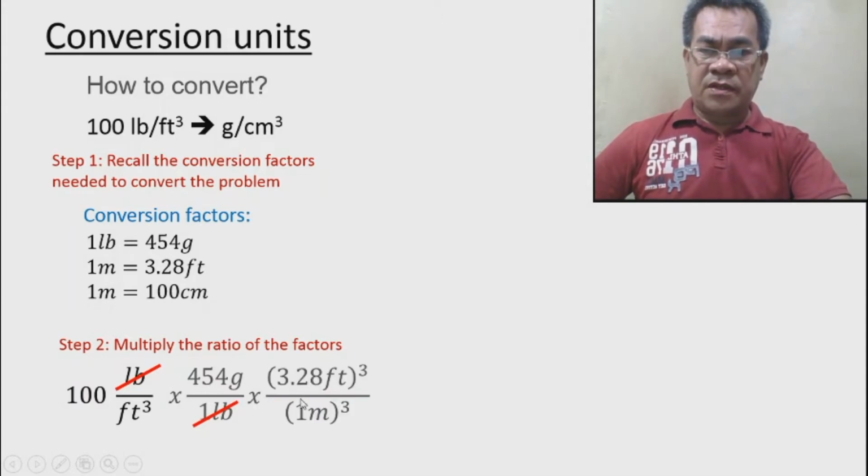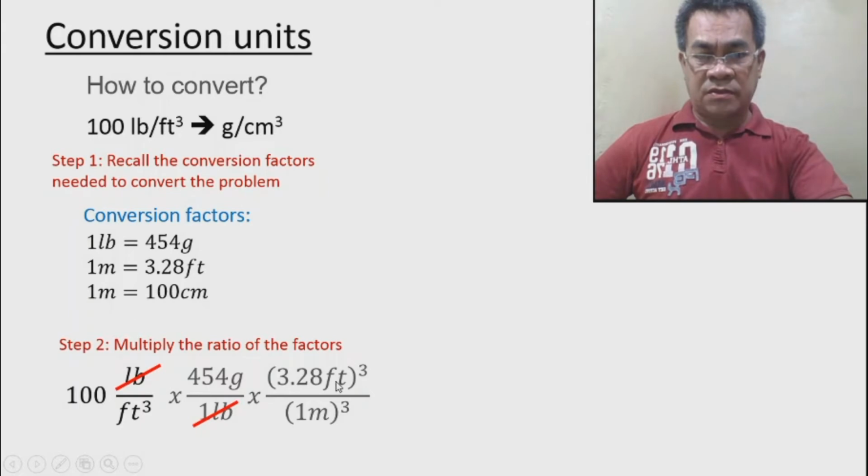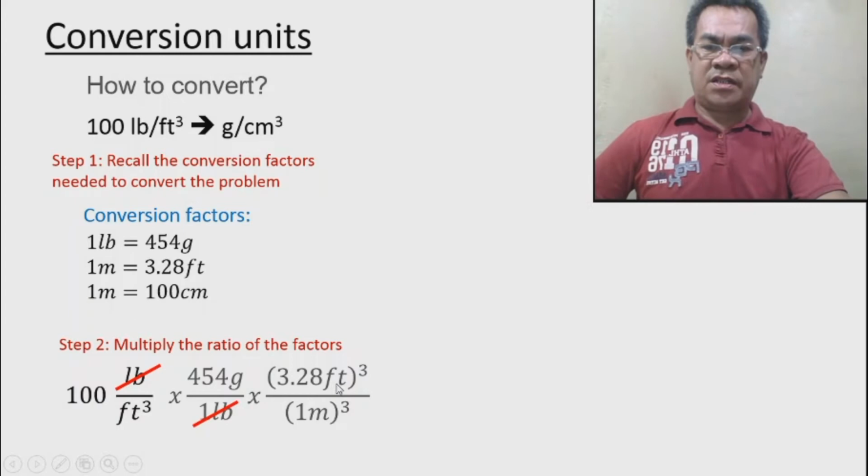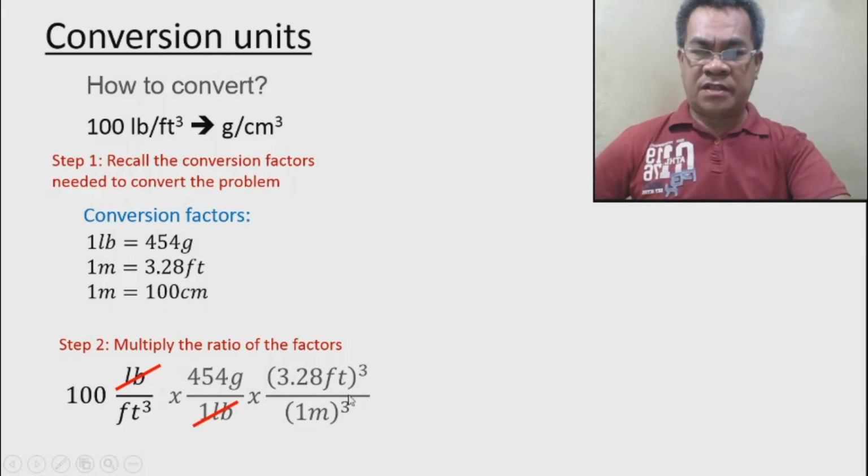You have to cube it, applying the law of exponents, so this becomes 3.28 cubed, and this is feet cubed. If you cube both the numerator and the denominator, it is the same answer as far as algebra is concerned.